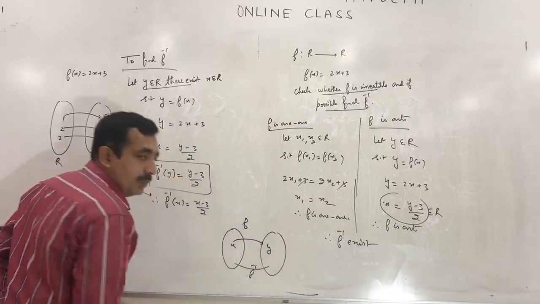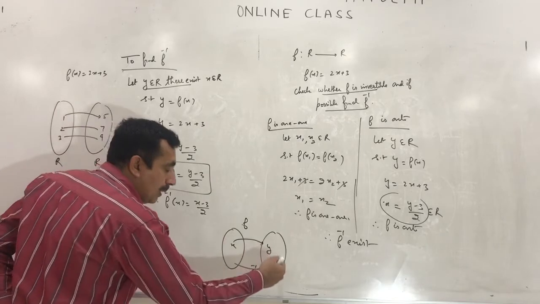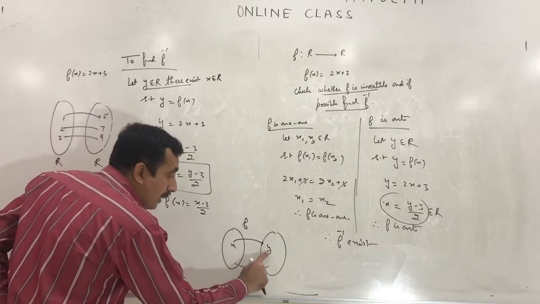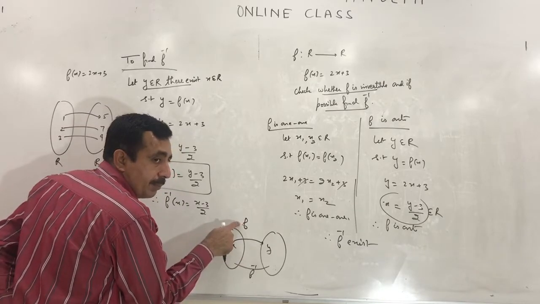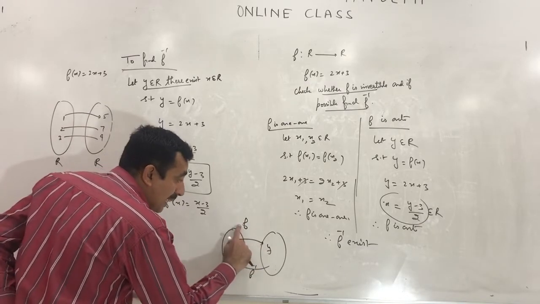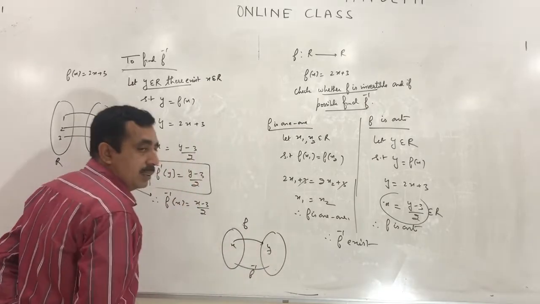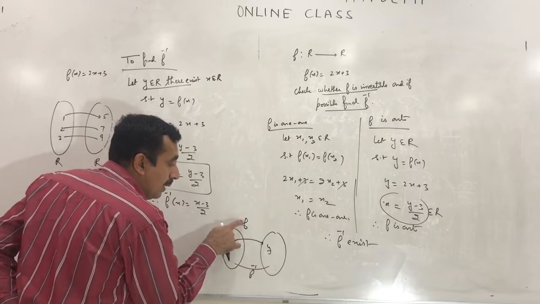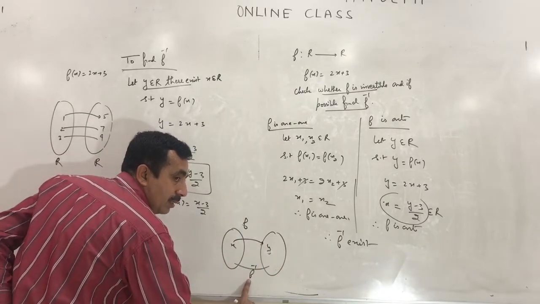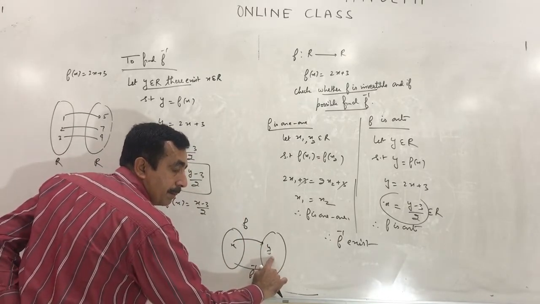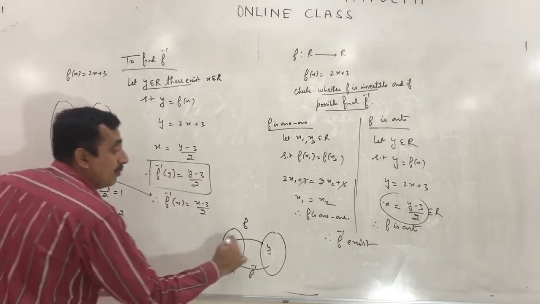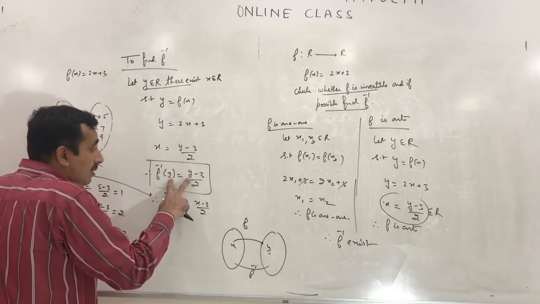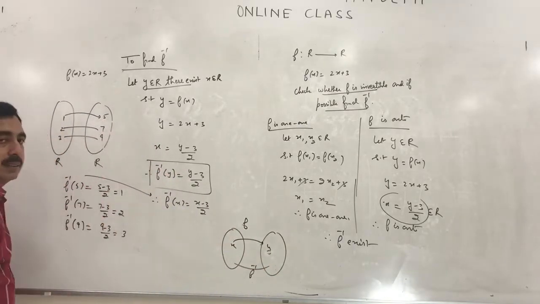Inverse starts from here, from the codomain to the domain. So this y, which is the range for f, is the domain for f inverse. And the domain we say x, so that's why this y is now x.